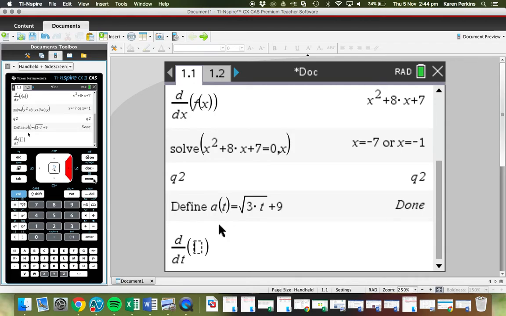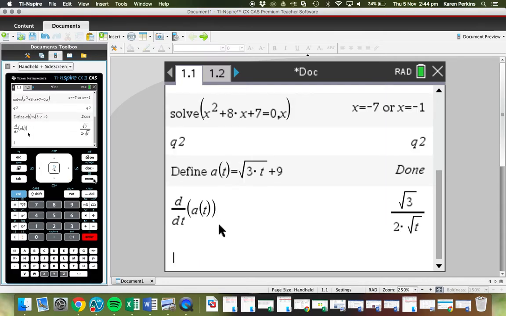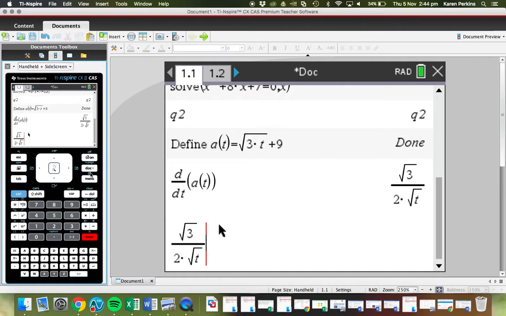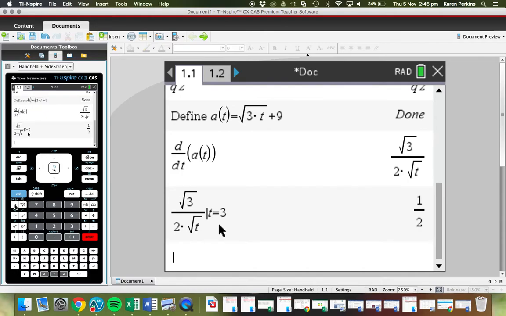I'm going to define with derivative with respect to t of a of t. After 3 months, what's this? So I'm going to copy that down and then go, given that t is 3, that's a half, so the answer is B.